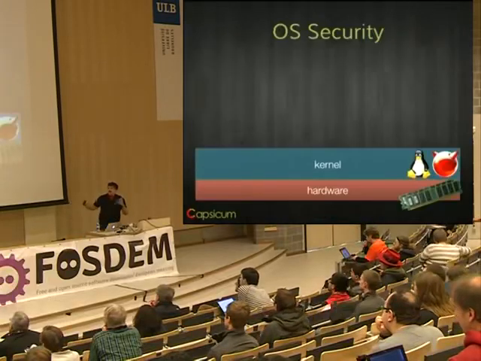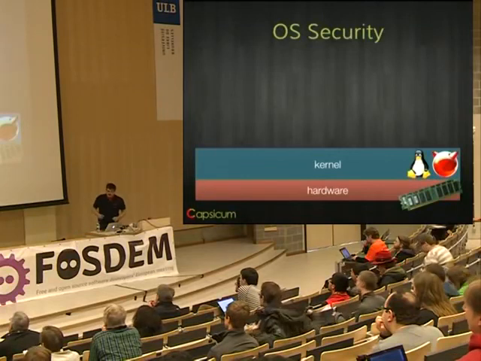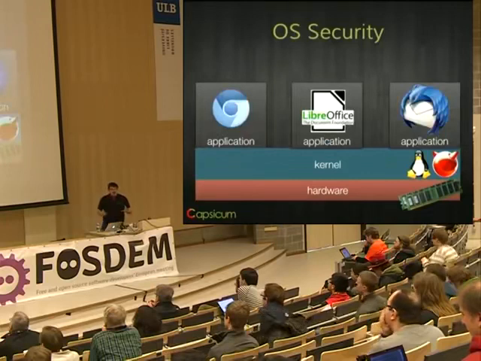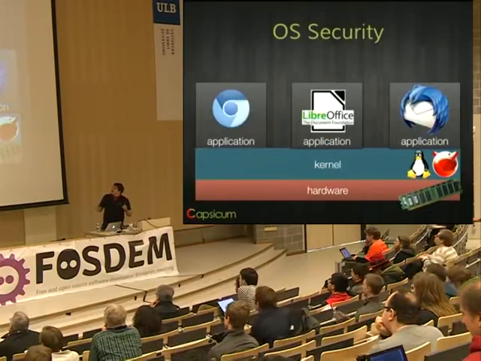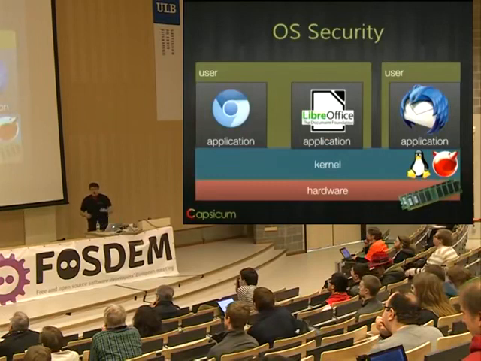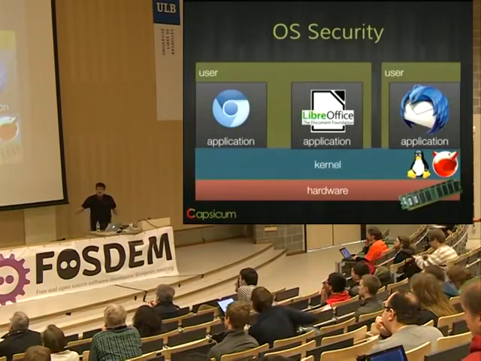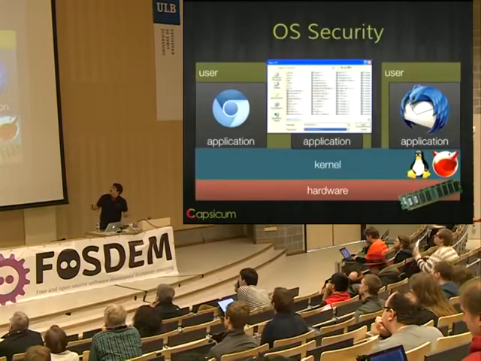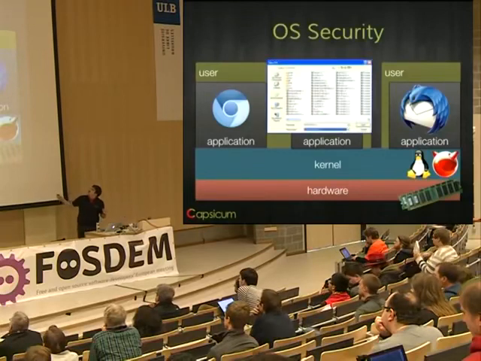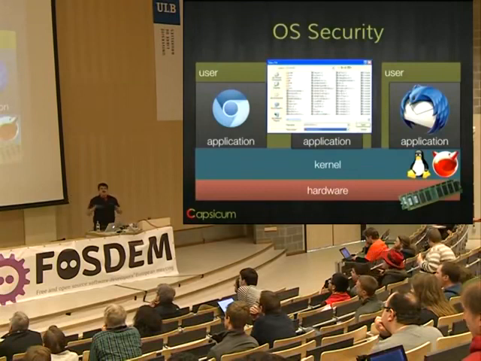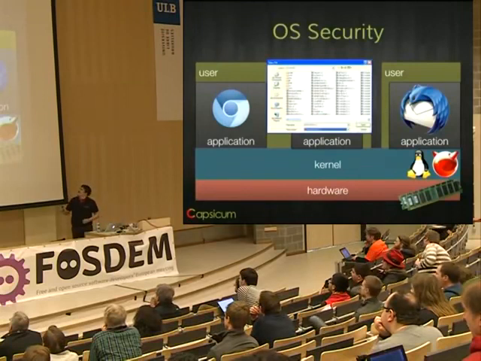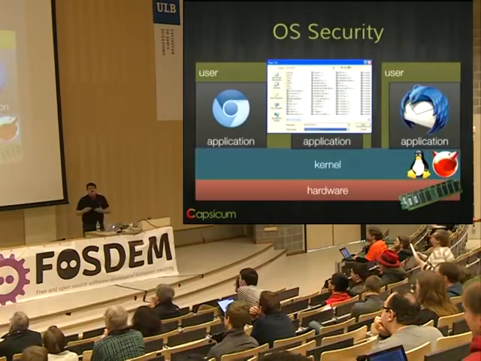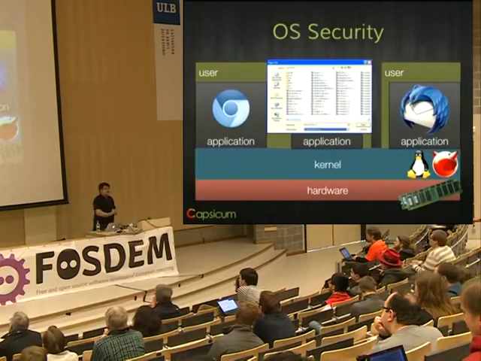Let's look at the conventional picture of a stack. We have hardware and there's a kernel. On top of that, we're running a bunch of applications. But the key thing is that these applications are running on behalf of users. So if I'm using LibreOffice and I want to open a document, this application is allowed to do anything, such as open files, that I, as the user, am allowed to do.